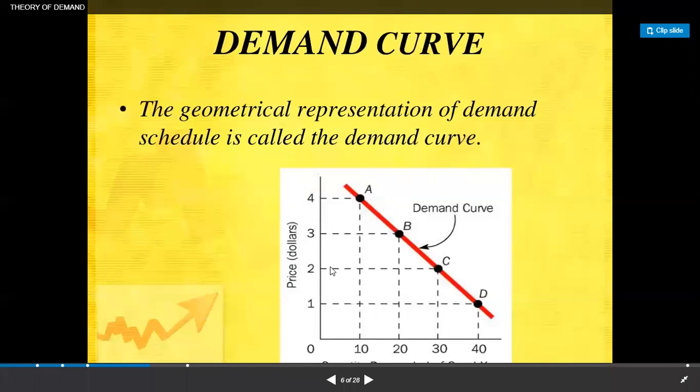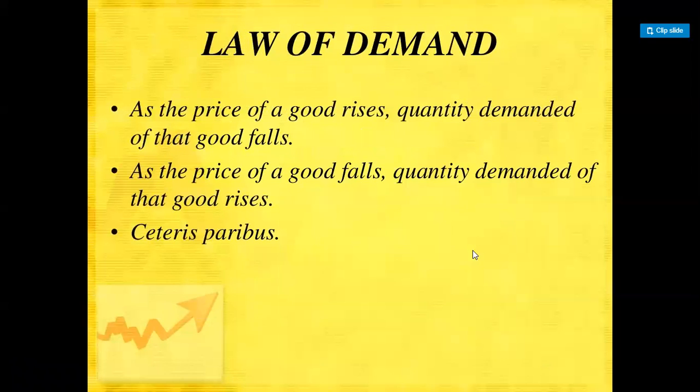When the price is 2, the quantity demanded is less, 30. When the price is 3, it is 20. But when the price is 4, the quantity is only 10. So it shows the demand curve, individual or market, a graphic presentation of the demand schedule.